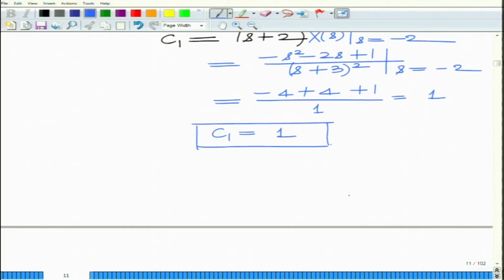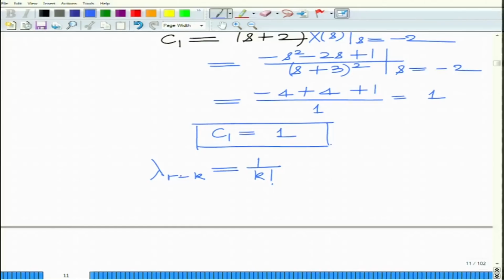Now, let us look at the lambdas. To evaluate the lambdas, we know we have the property that lambda r minus k equals 1 over k factorial, for the coefficients corresponding to the repeated pole, that is (s plus 3) whole square, pole minus 3, which has multiplicity 2.